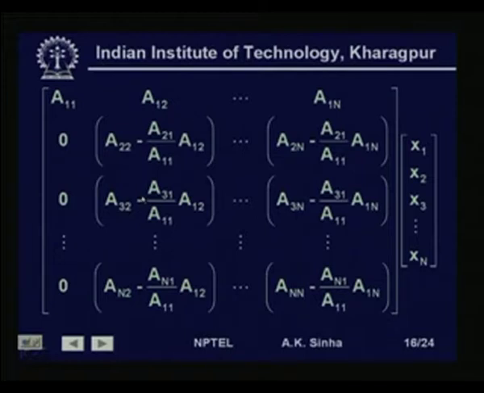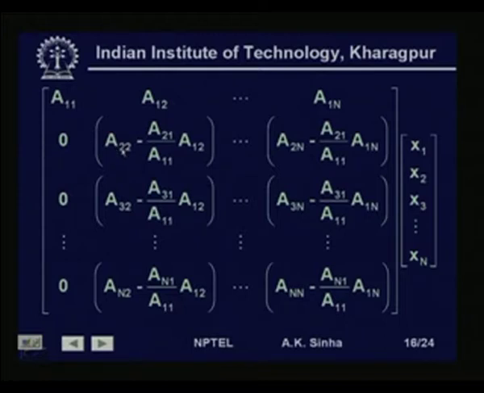That is, we can multiply this row by A21 by A11, and then subtract from the second row. Then we will get this as A21 minus A21, so this becomes 0.